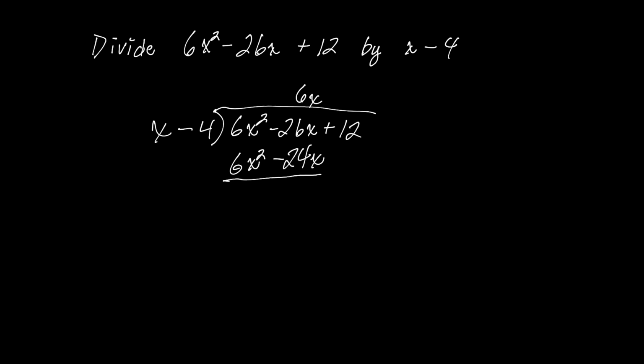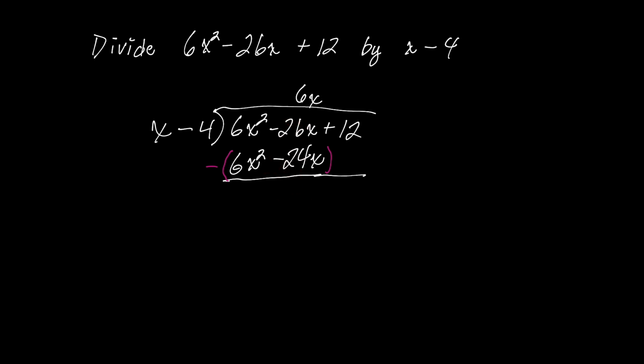So the next thing we did in long division was we subtracted. I always encourage students to do it in a different color. Remember that you are subtracting both of these terms here. 6x squared minus 6x squared, that's a 0, and that's usually pretty easy, but sometimes we forget to do negative 26 minus negative 24, and we just end up adding these up and getting a negative 50.